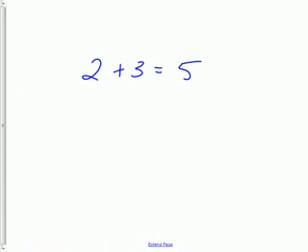Then if this is a true equation, and I multiply every term by anything, it should stay true. What if I multiply everything by 3? 2 times 3 is 6. 3 times 3 is 9 equals 5 times 3 is 15. Still true. See? I can multiply by anything I want.